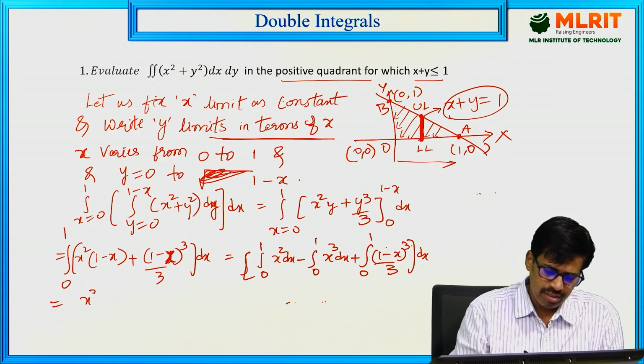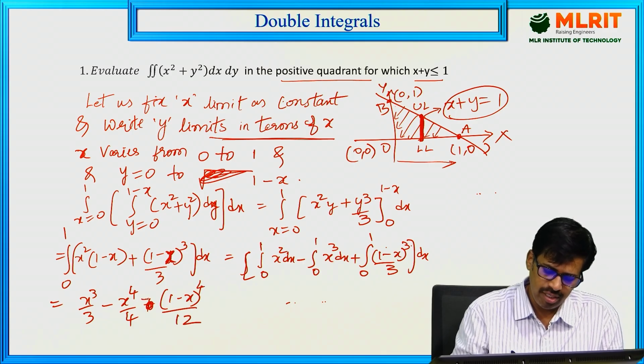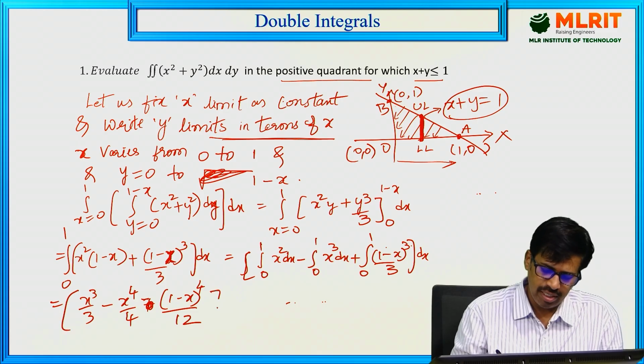So this is x cube by 3 minus x power 4 by 4 plus 1 minus x whole power 4 by 12. Here the sign is minus. Limits are 0 to 1.